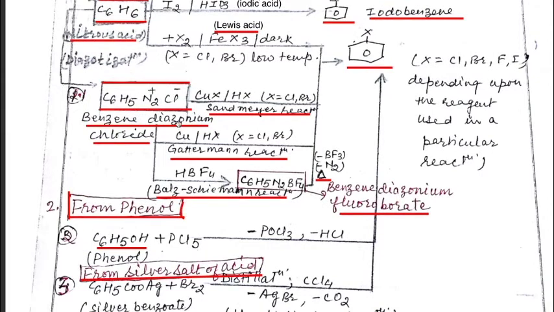For the preparation of fluorobenzene from benzene diazonium chloride, we treat this benzene diazonium chloride with HBF4.